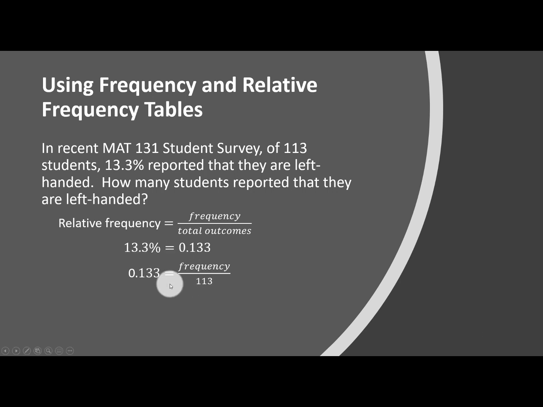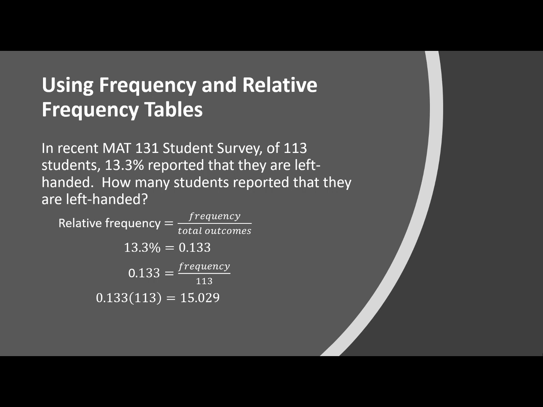We have this equation. So I want to find out what is 0.133 of this 113. Or another way I can think about it is I want to get the frequency by itself. So I do the opposite. The opposite of divide by 113 is to multiply by 113.